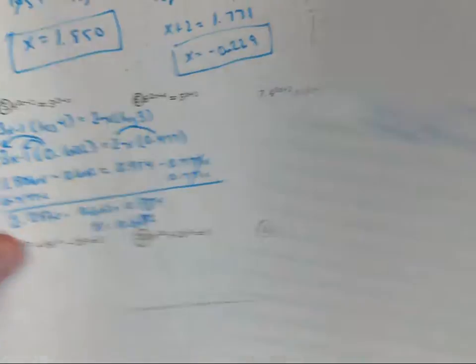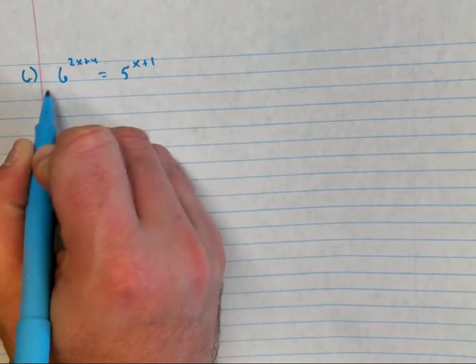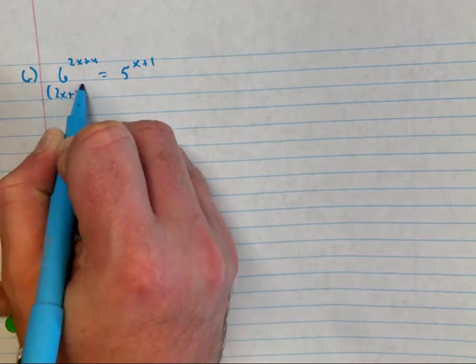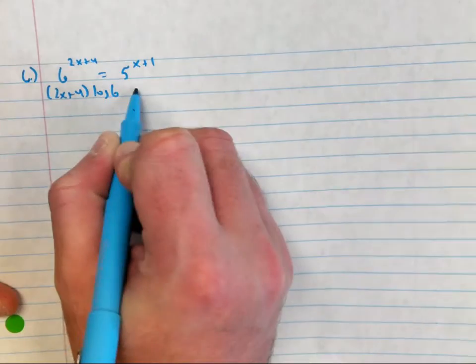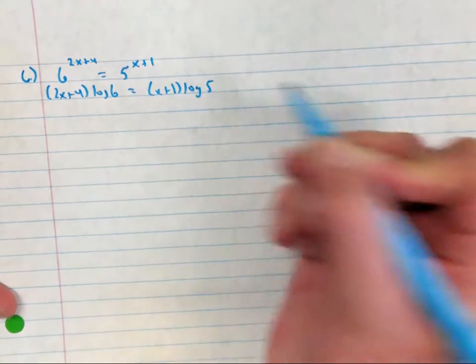Alright, let's look at number 6. I'm going to write it on here so I have plenty of room. Can we get 6 and 5 to be the same base? No. So I'm going to bring this down, the 2x plus 4, and I'm going to take the log of both sides. Bring that x plus 1 down, take the log of 5.